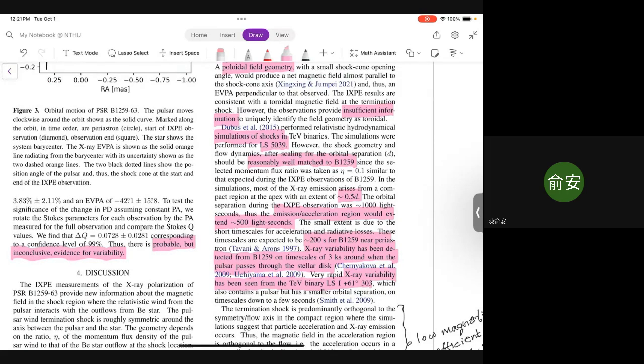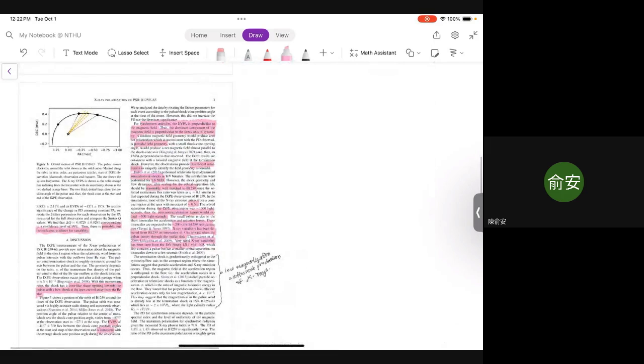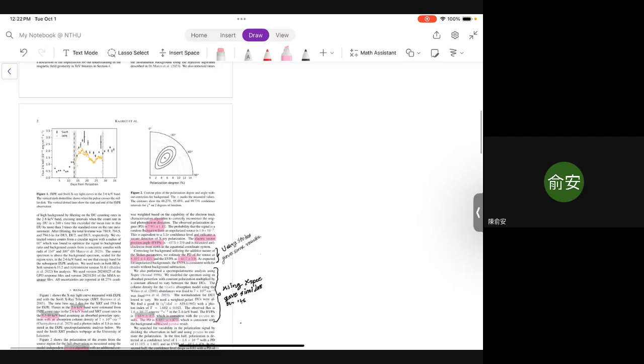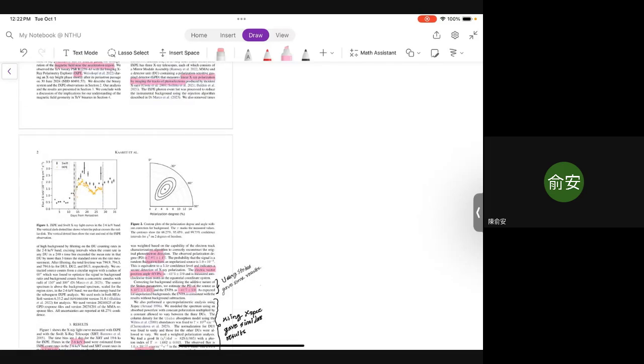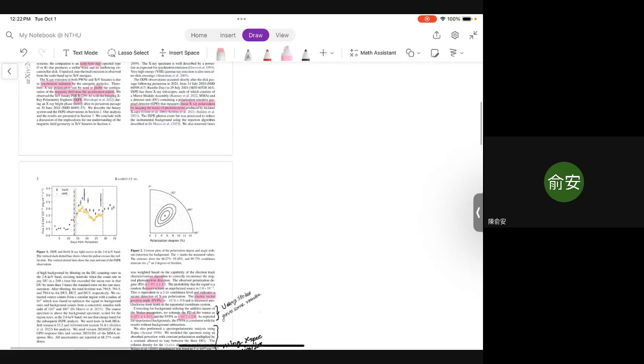But based on the Q values, those Stokes parameters, they cannot conclusively say there is variability. So maybe variability. Okay. Any other questions, comments?